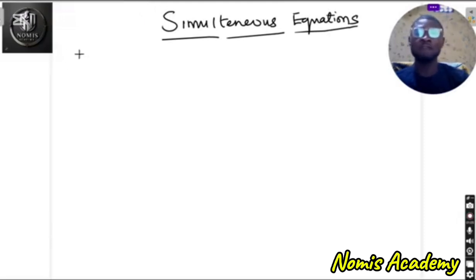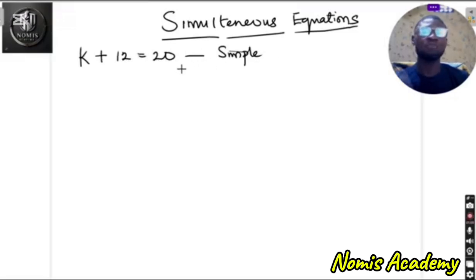When we have k plus 12 equals 20, this is an example of a simple equation, where we just have one unknown in the equation.